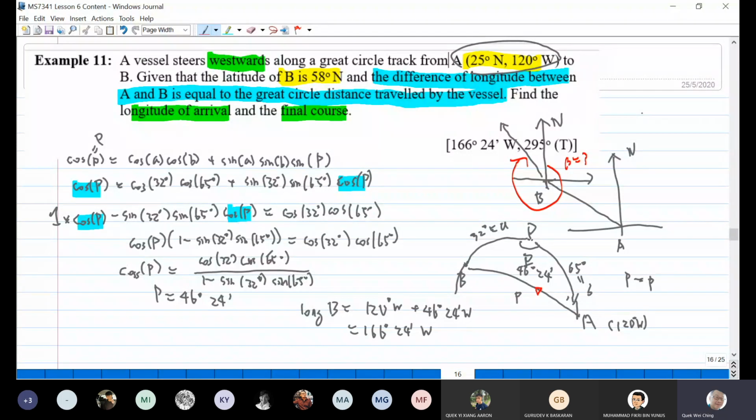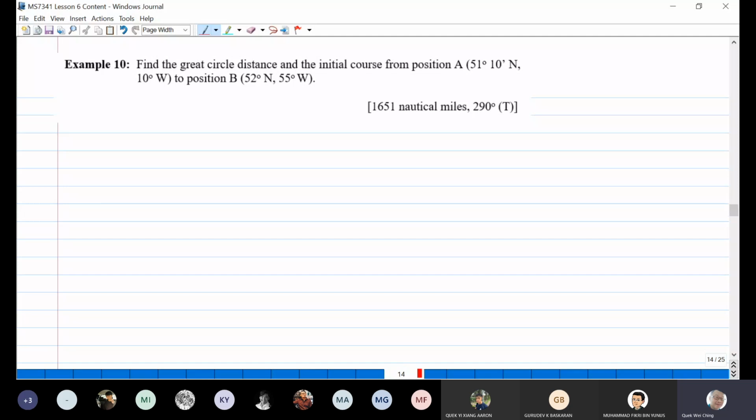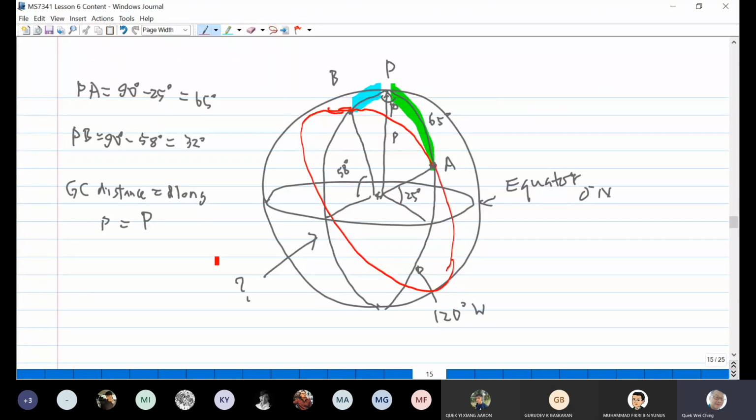So in this case, it's 166 now. This line is 166 degrees 24 minutes. So the ship moving from A to B increases the longitude.